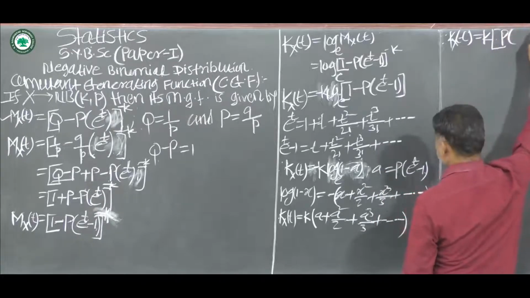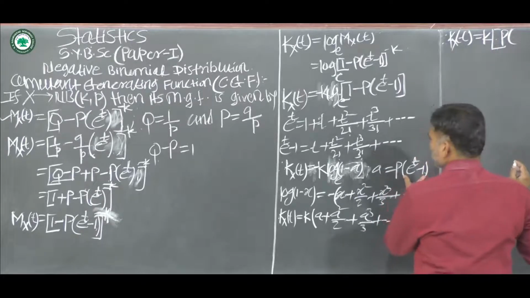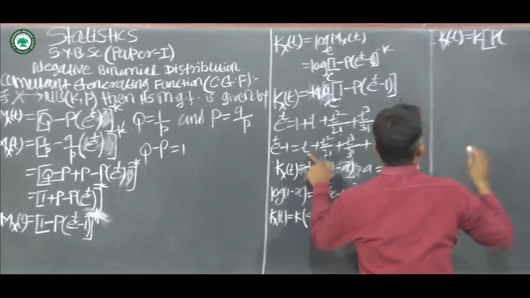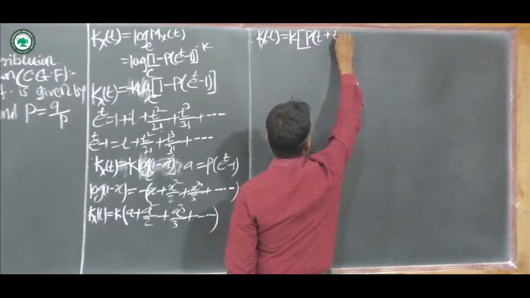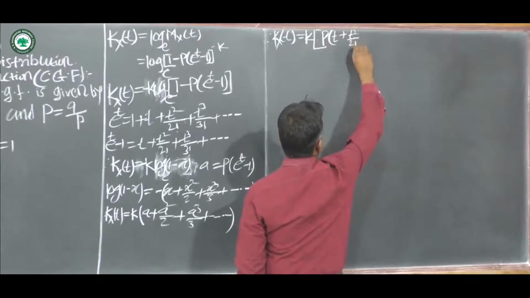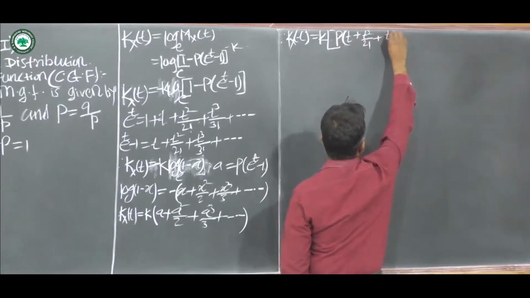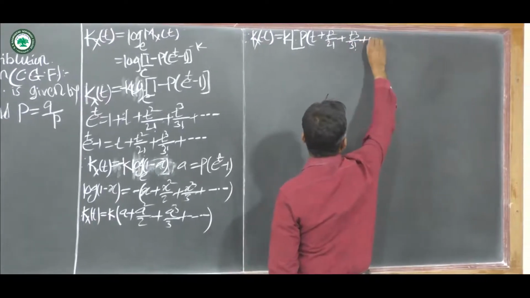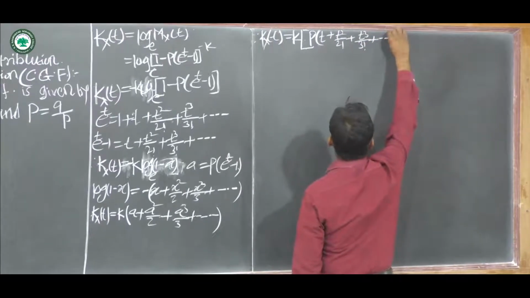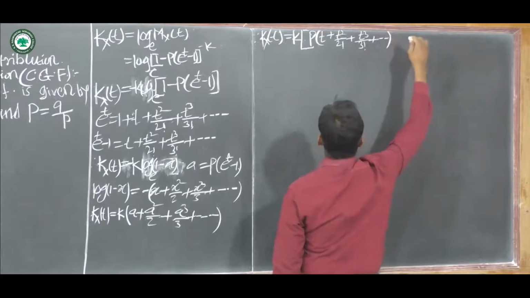Capital P into bracket e raised to t is equal to this one, t plus t square upon 2 factorial plus t cube upon 3 factorial plus dash dash dash, this bracket complete.